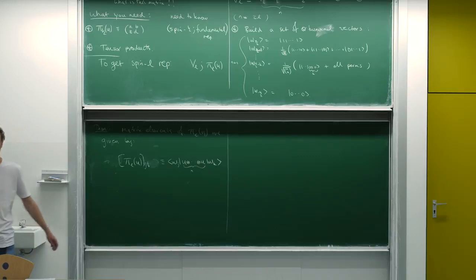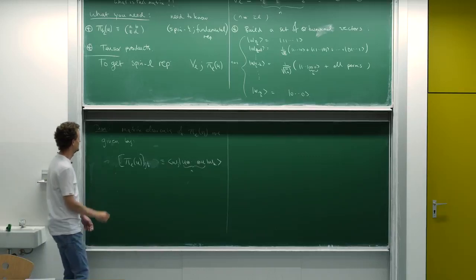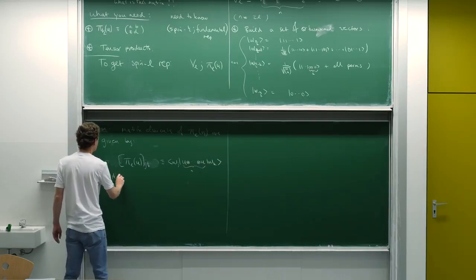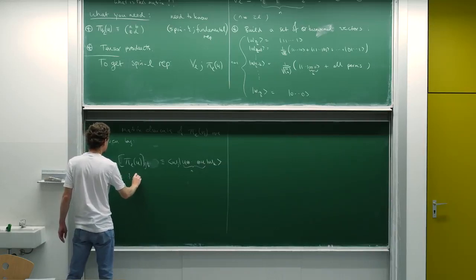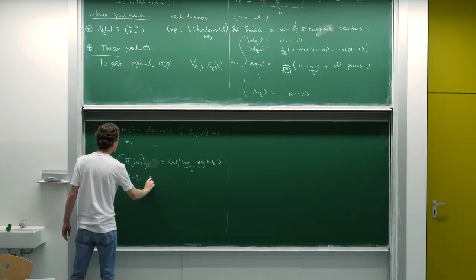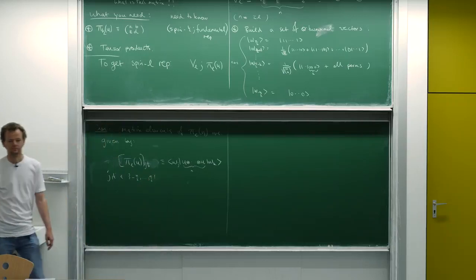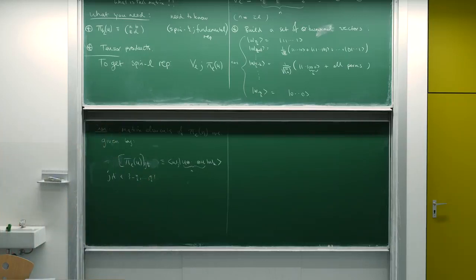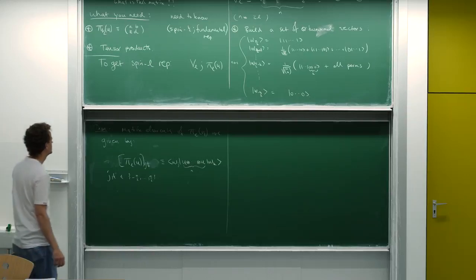That's the matrix elements for the spin L representation of SU2. Pretty cool.